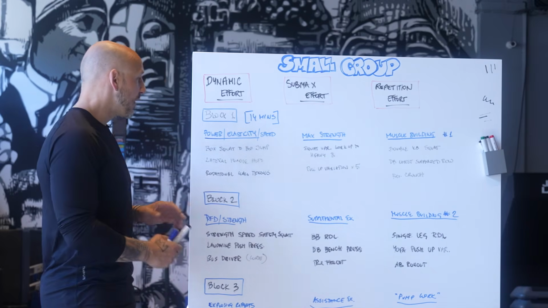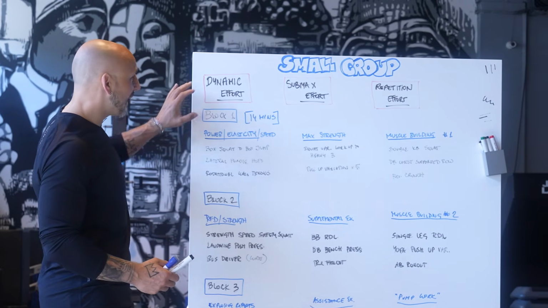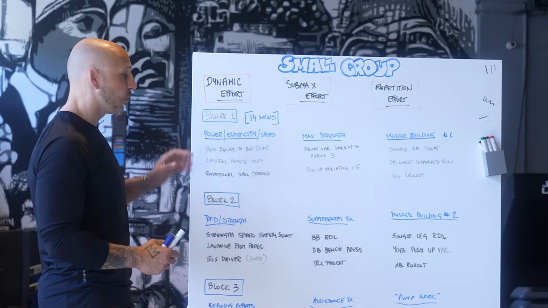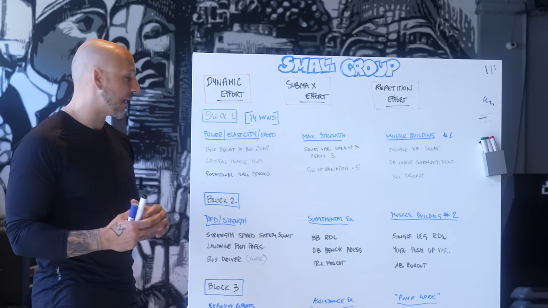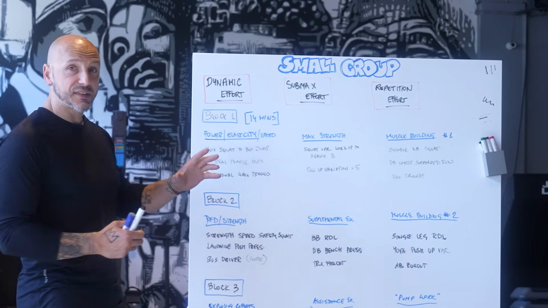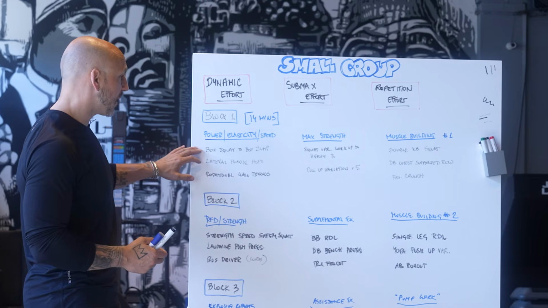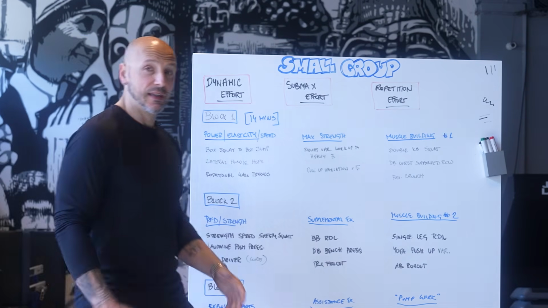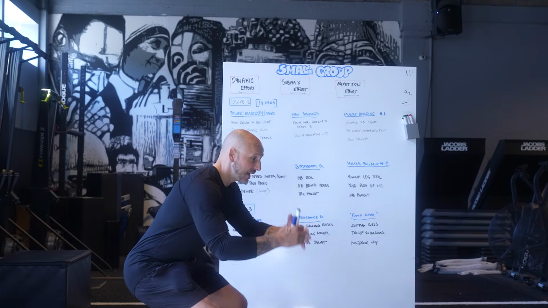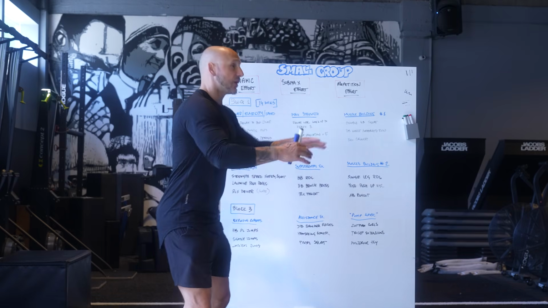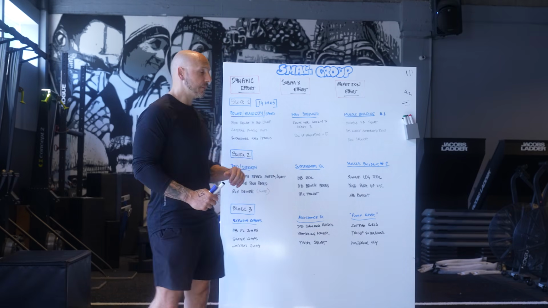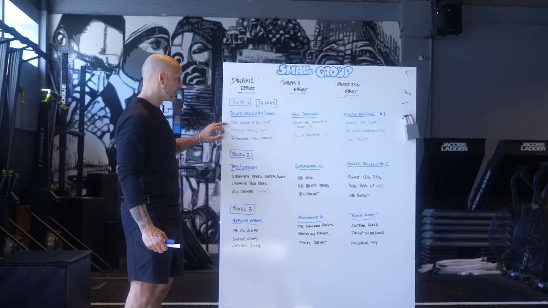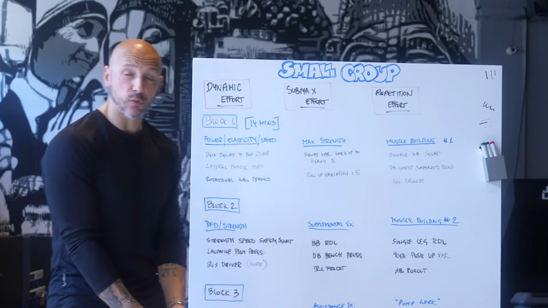You will see on the dynamic effort day in block 1, and I'll explain the tempos and everything, we have 3 exercises. We have a box squat, then 2 box jumps. Imagine you're sitting down on a box, and from that box I'm going to stop my feet and jump up onto a box. Rate of force development on this one. Then we have low lateral hurdle hops.